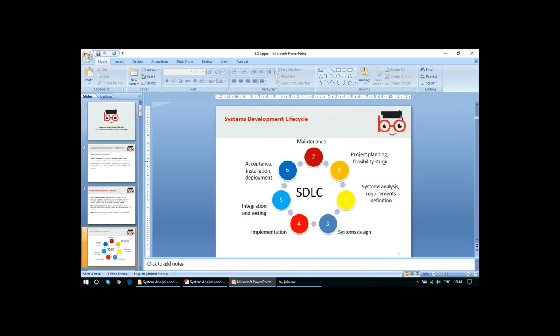Planning also includes the feasibility study, whether the plan you have is feasible or not. Then you analyze the system and the requirements as well. The system requirements are analyzed in the sense that they are fully defined into certain artifacts, like use cases.